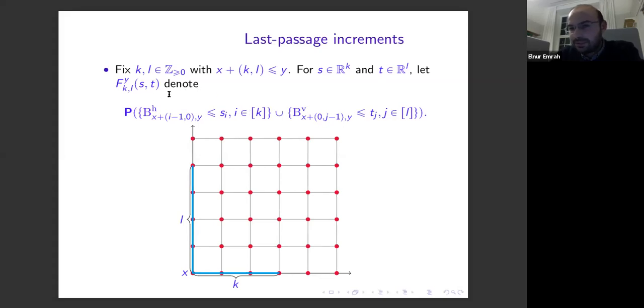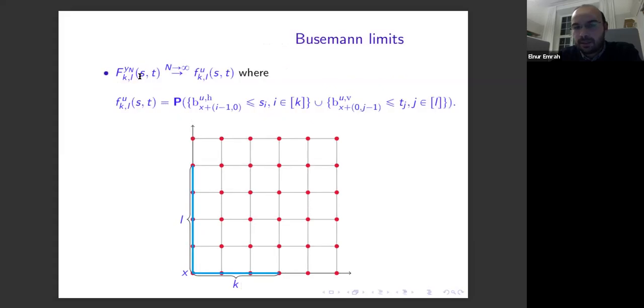As in the competition interface case, I will be interested in quantifying the speed of convergence in distributional limits. So I'll now look at the joint CDF of the last passage increments along this down-right path. I'll denote this with capital F. Now we know from the convergence result that this converges to some limiting CDF of the corresponding Busemann limits.